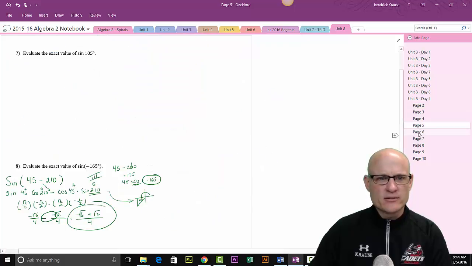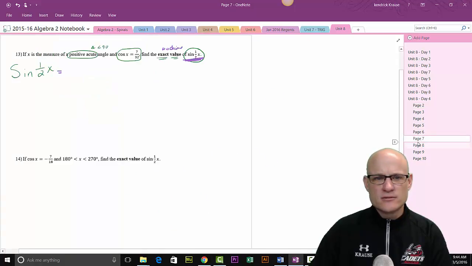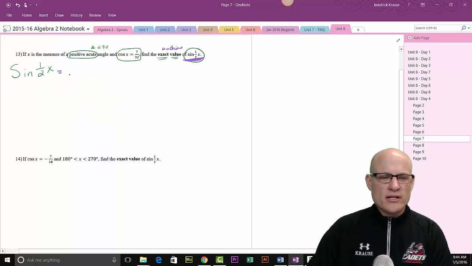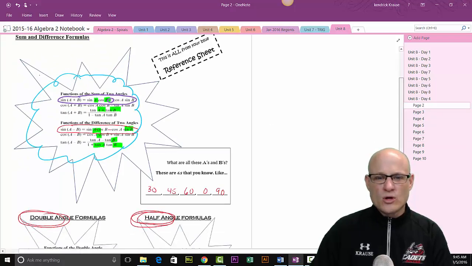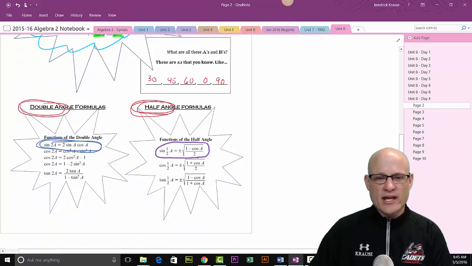Let me see if I can write that down. So it's equal to plus or minus the square root of 1 minus cosine of x all over 2. Let's see if I got that right. 1 minus cosine of the angle over 2.